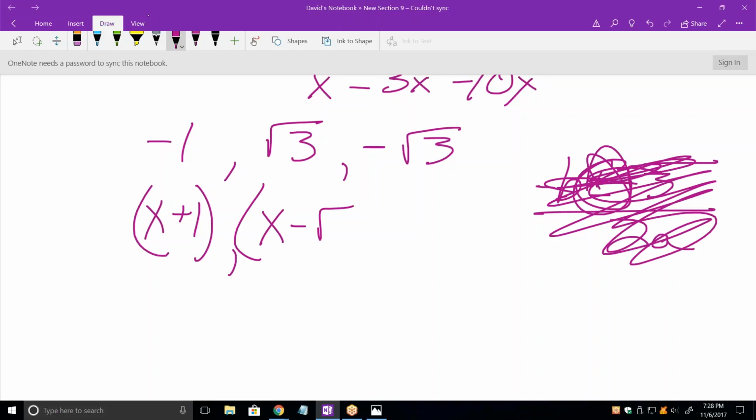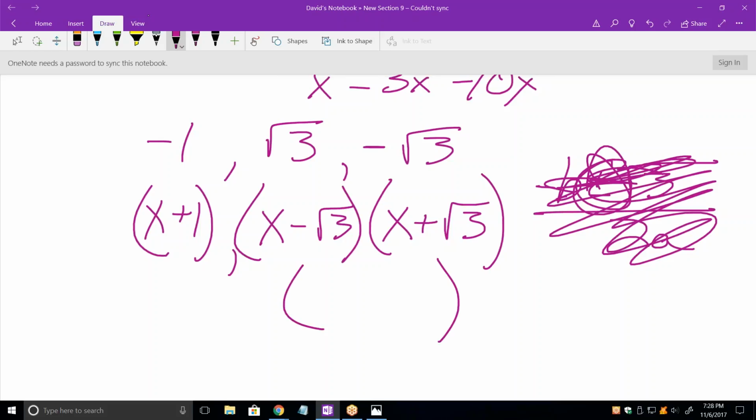This is going to unfold a lot like imaginary numbers do, in that because one of these is the conjugate of the other, when you multiply them together, the two middle terms cancel one another out. You can see that the O and the I cancel one another out. So what's left?